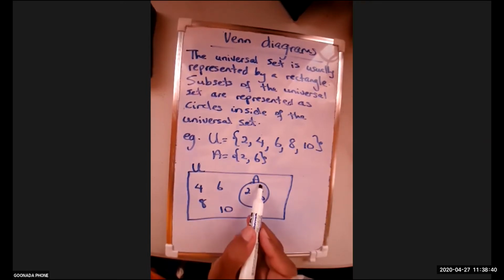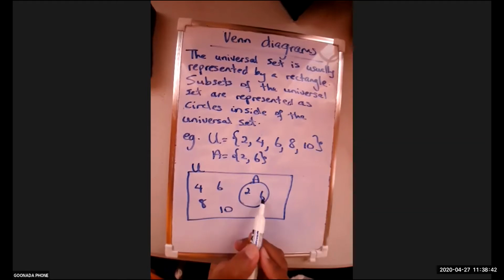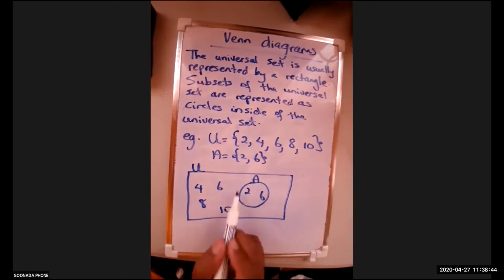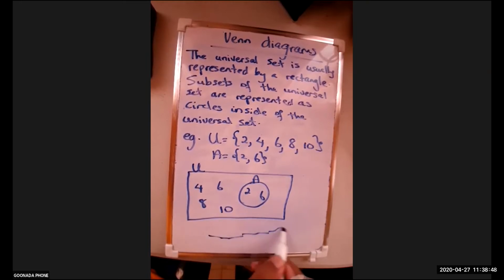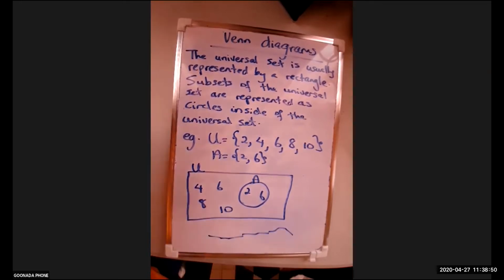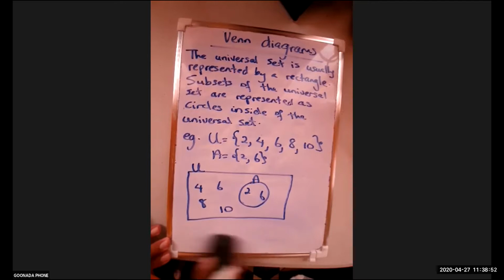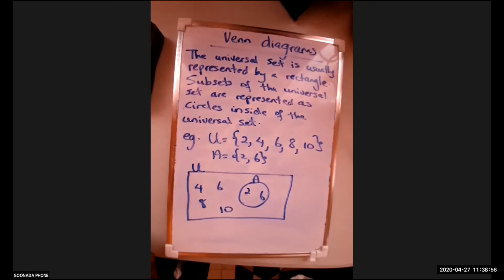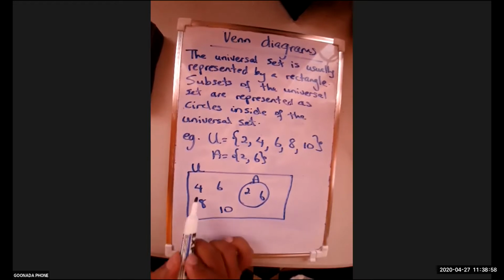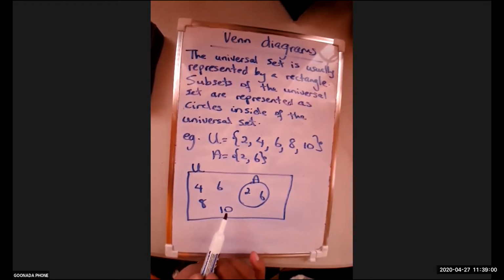So here we have A, which is 2 and 6, and everything outside of A will be written outside the circle, but within the universal set. You can't have anything written outside the rectangle. So whatever remains that is not in A goes within the universal set. These here will be A complement, everything that's outside of A. Are you following?